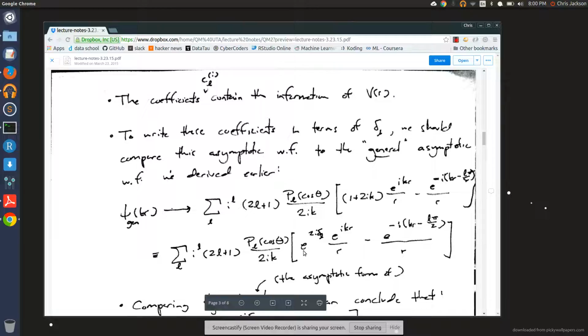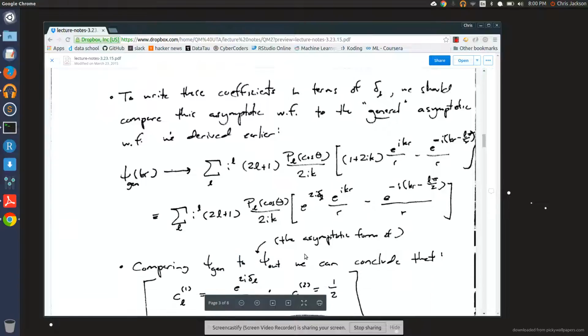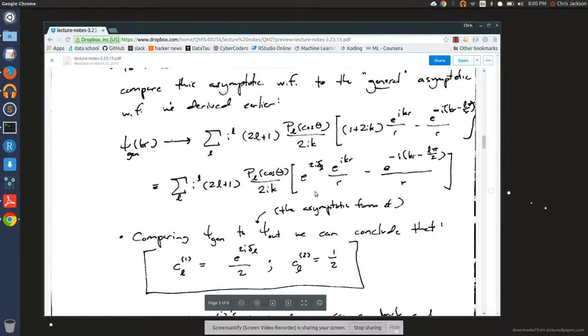In the end, our general scattered wave, which also includes the incoming wave, has this form, where the outgoing wave has this e to the 2i delta_l.